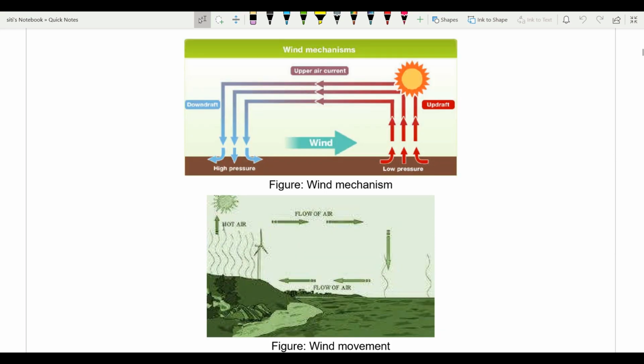When the hot air rises, it goes to the high pressure area. So from this area, the cool air sinks and goes back to the low pressure area. So flow of air is in this direction.